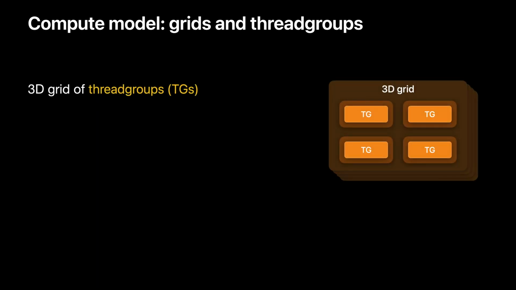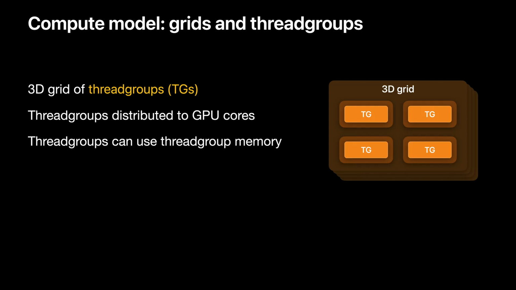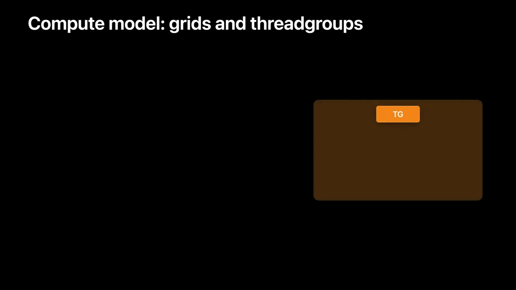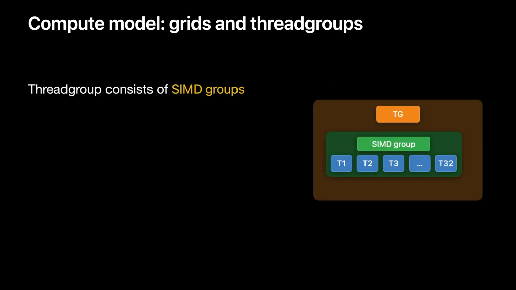A workload is dispatched in the form of a 3D grid of thread groups. Thread groups are uniformly distributed to the GPU cores and have access to thread group memory, which is limited in size but very fast, local to the GPU core. A single thread group is further broken down into SIMD groups, which are also known as waves or warps in other compute dialects.